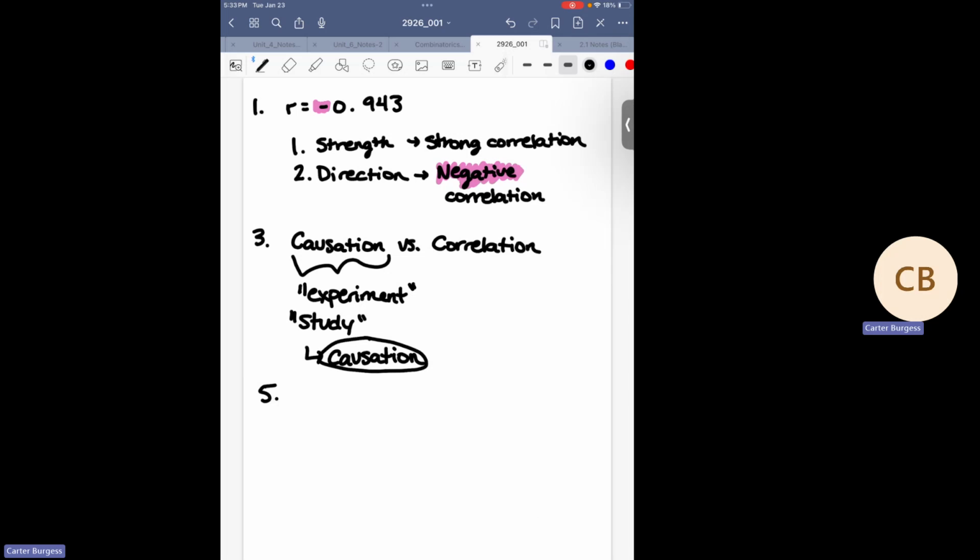We don't have a definitive, clear-cut answer that wearing the helmet is directly responsible for the prevention of the traumatic brain injury. Certainly that would make sense to us, but because an experiment has not been run, because a study has not been run, we cannot claim causation. The best we can say is that what we have is correlation.